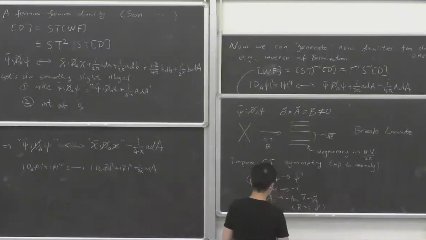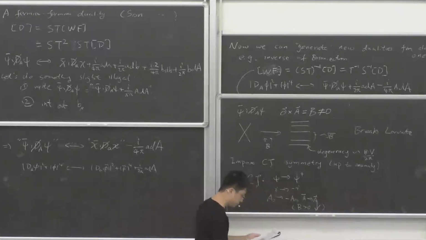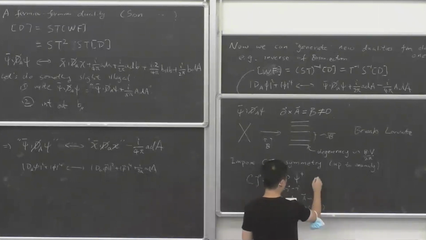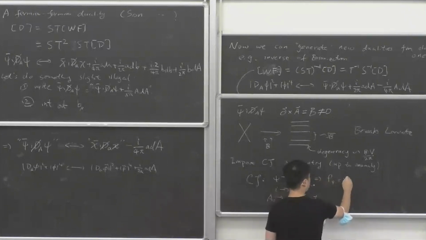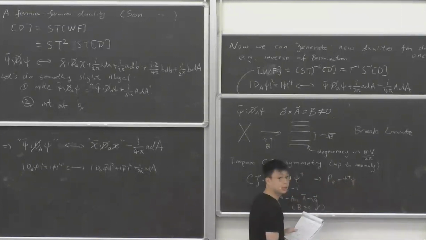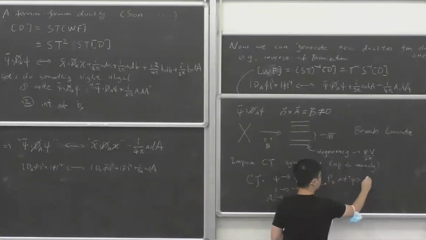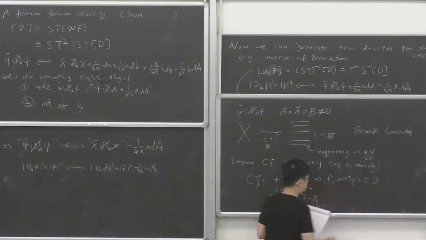And also because the Dirac fermion flips under it, the charge density of the Dirac fermion should be 0. Right?